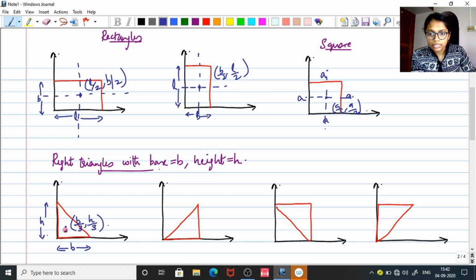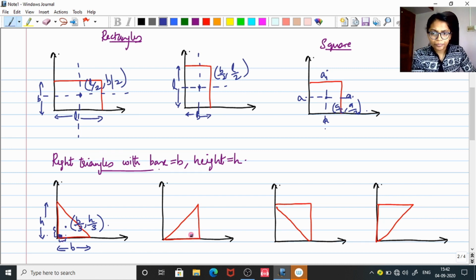Please understand that we are measuring that B by 3 and H by 3 from the right angle point.